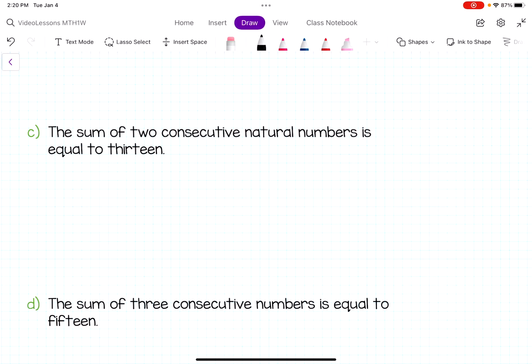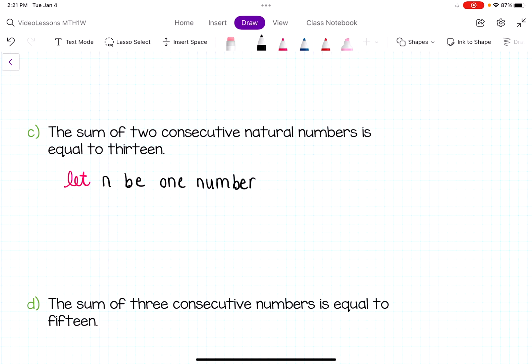And when we're talking about consecutive, I'm going to use n again because n for number. So we're going to say n is one number. We can't say it's the number because we're going to have more than one.